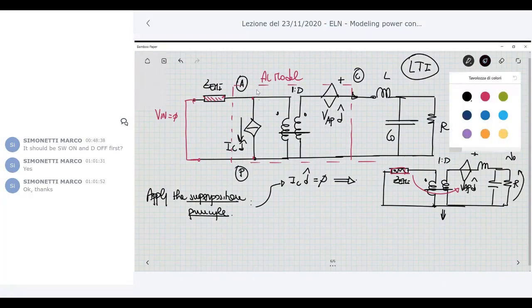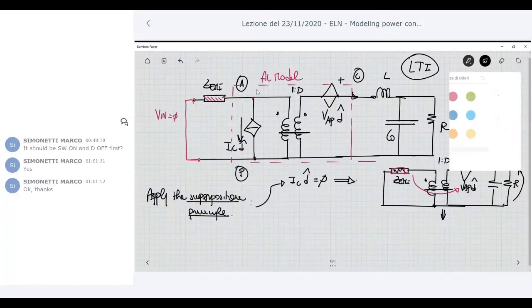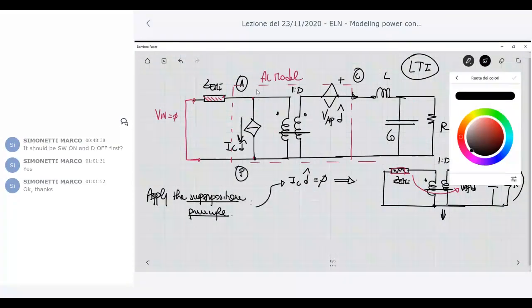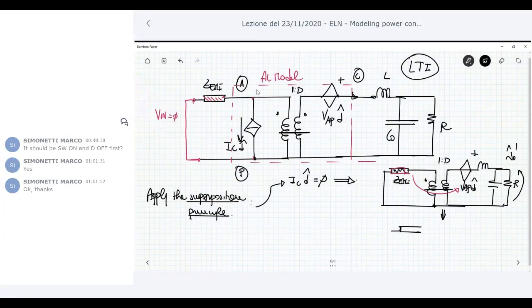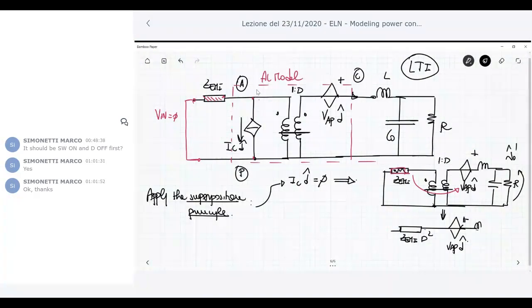So this means that you have zeta EMI multiplied by D squared that can be put in series to the source, the inductance, C naught, and R, okay?